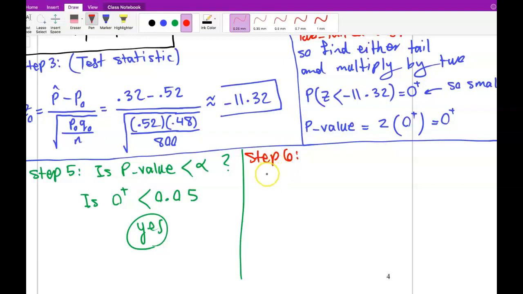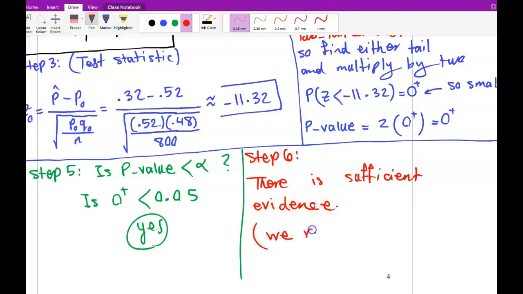There is sufficient evidence to reject. What that means is we reject the null hypothesis.